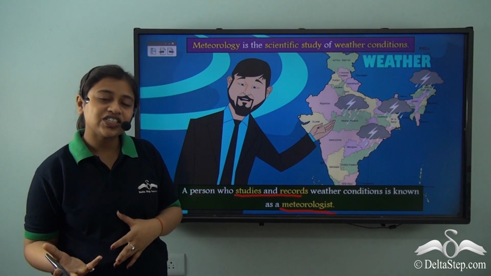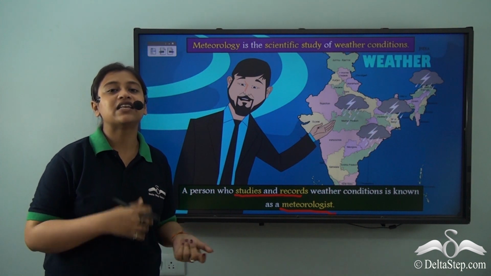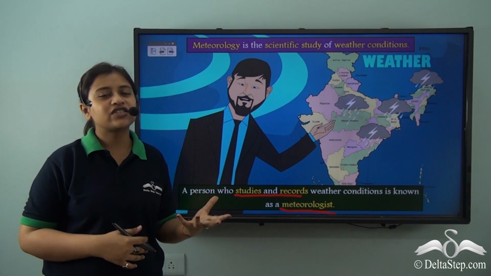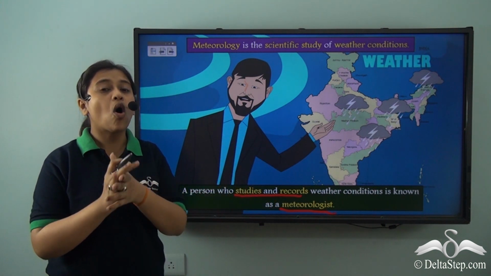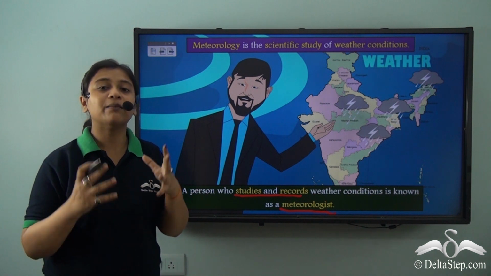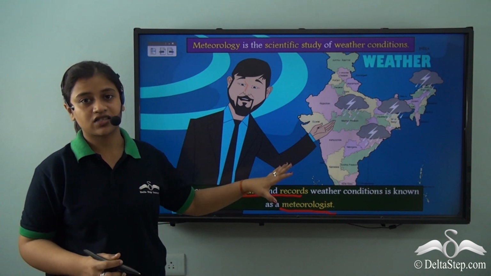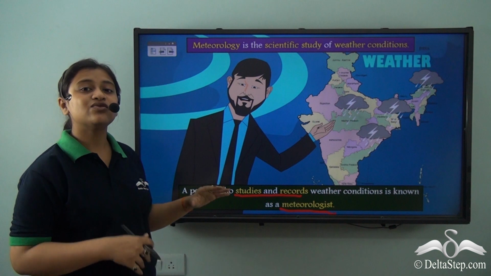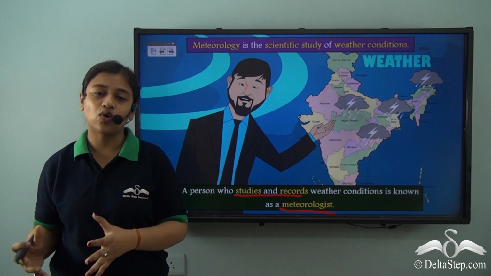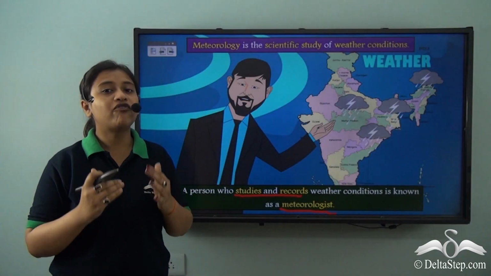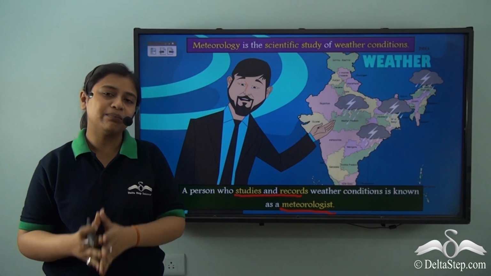So, navigation, cropping activities, fishing activities, military actions, expeditions, so many important things are all decided on the basis of the weather conditions. So, this person who studies the weather conditions also plays a very important role in determining whether performing these activities would actually be possible.